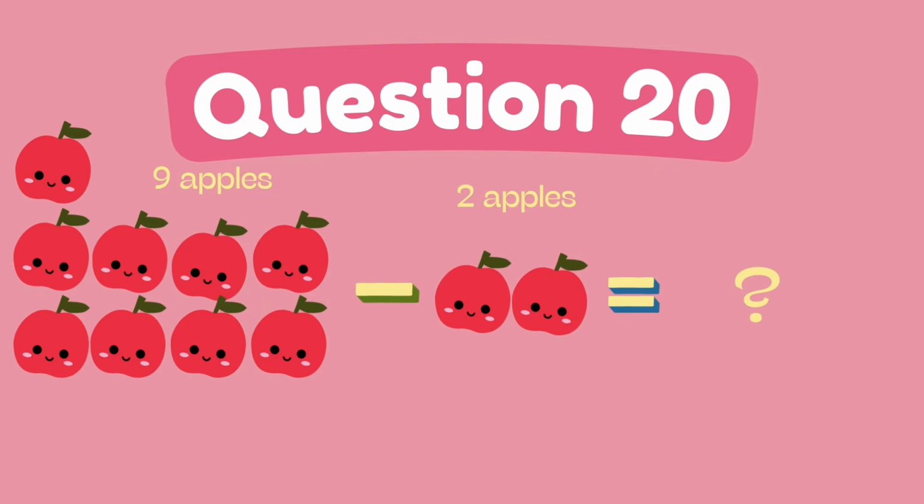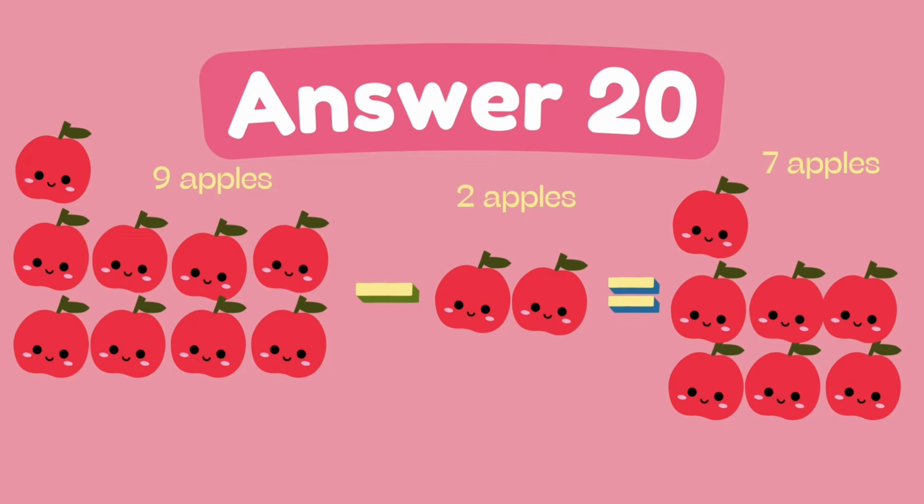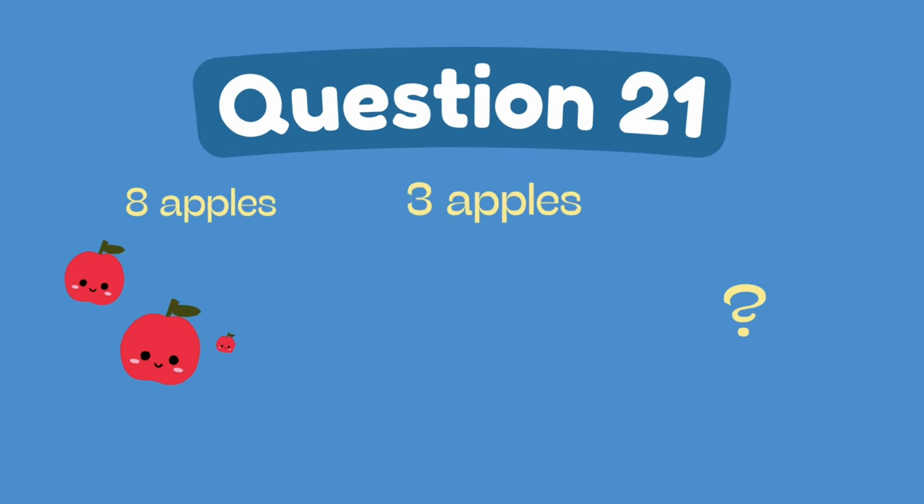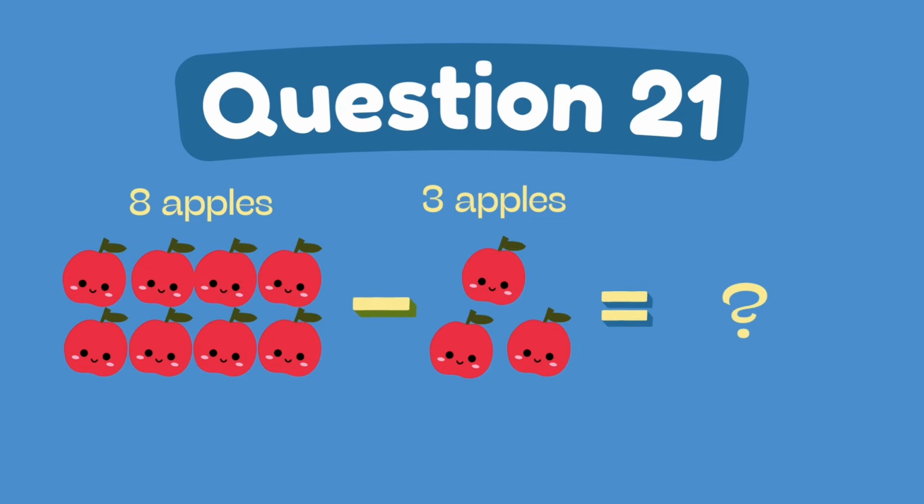What is 9 minus 2? The answer is 7. What is 8 minus 3?